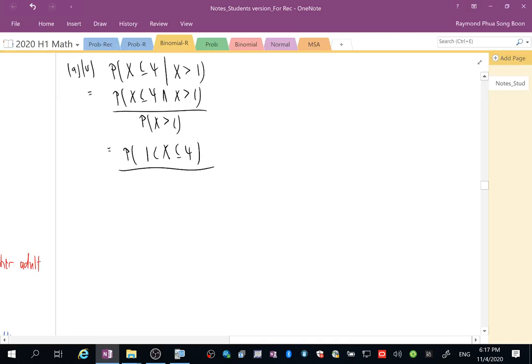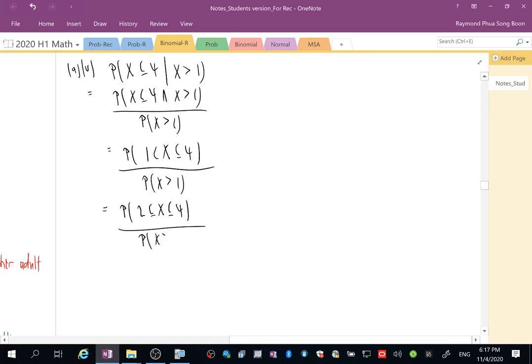Okay. And then the denominator, probability X greater than 1, we keep it as such first. So now what does the numerator mean? It means X is greater or equals to 2, less than or equals to 4. Denominator, again, we just keep it as such. Now the numerator, we can rewrite it as probability X less than or equals to 4 minus probability X less than or equals to 1.